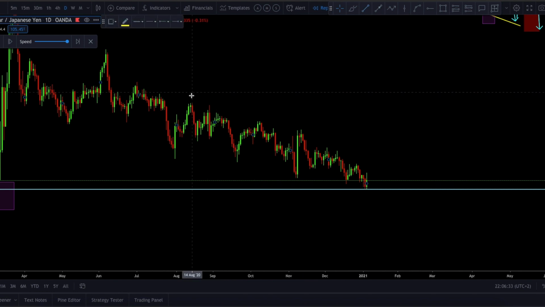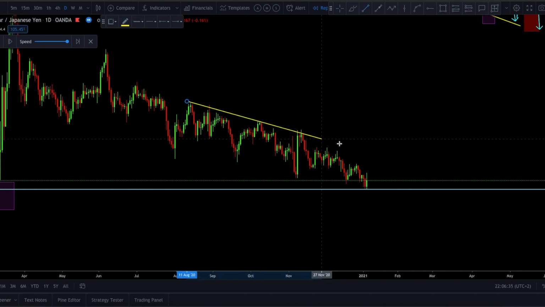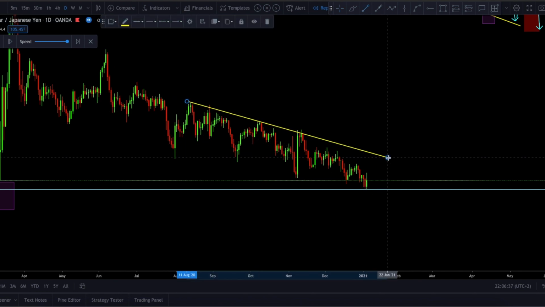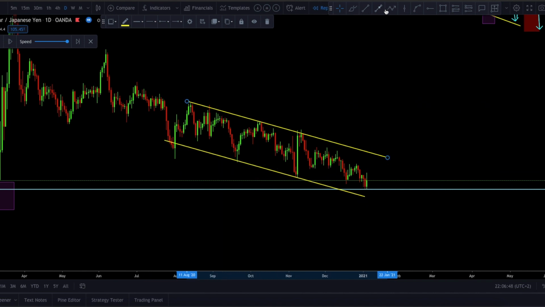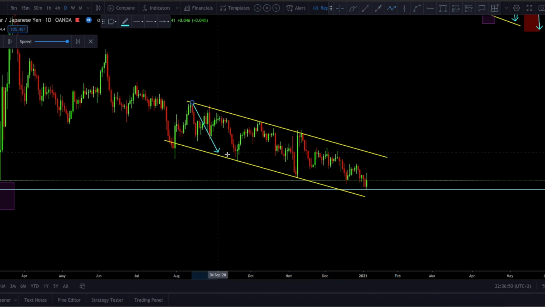And if you take a look, I will put my trend line like this, and then I will clone this line. I like cloning the lines because it makes it easier to see the trend. So it's bouncing within this trend line.